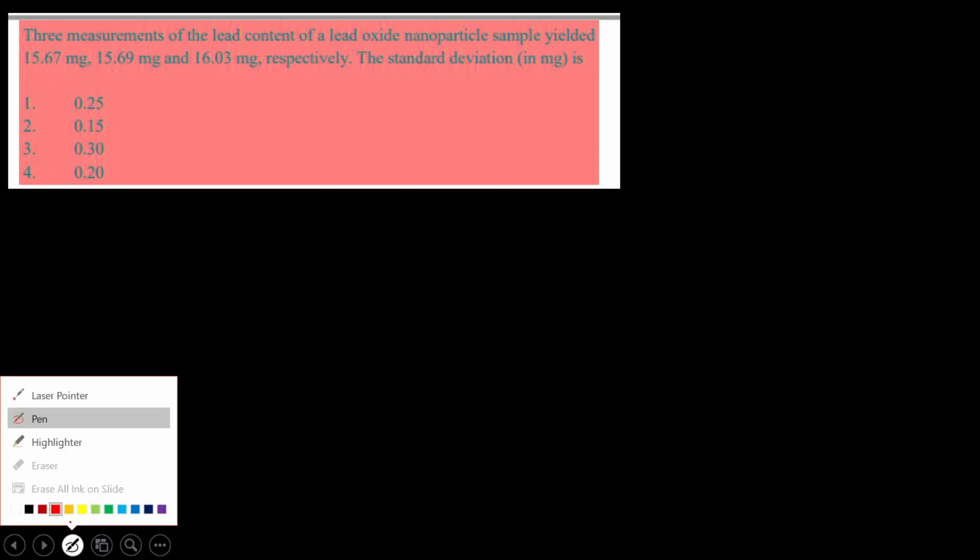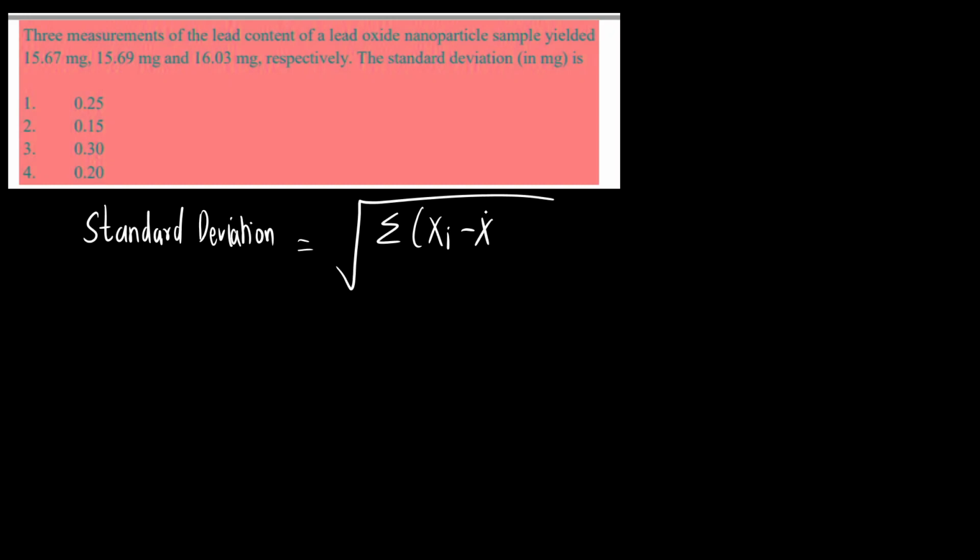Here what we have to find out is the standard deviation. So what is the formula for standard deviation? The formula is the root of the summation of (xi minus x bar) whole square divided by n minus 1.